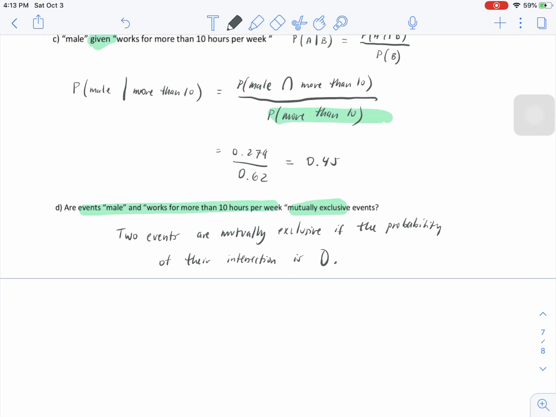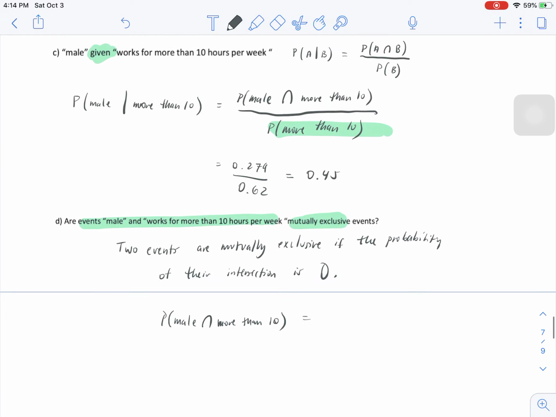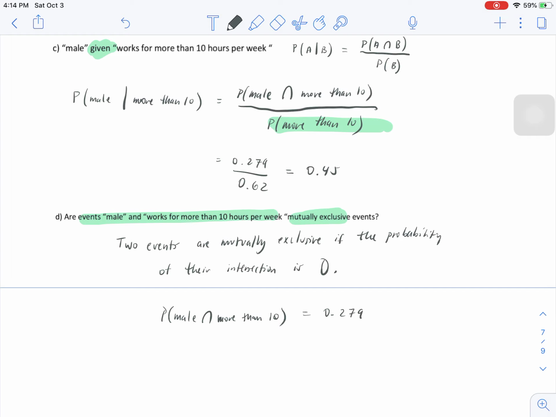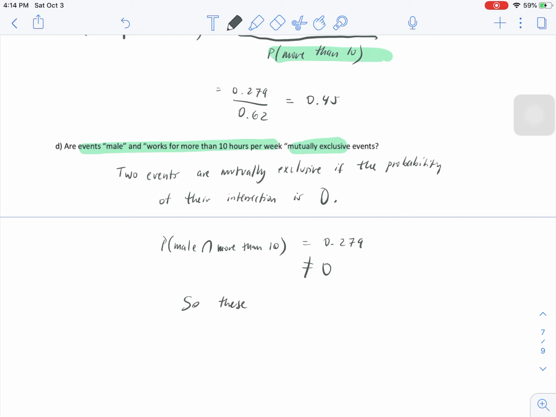So let's look at the probability of their intersection. In part A, we found that the probability that you're male and you work more than 10 hours was 0.279. This is definitely not 0. So these two events are not mutually exclusive, because clearly there are students who are both male and who work more than 10 hours per week.